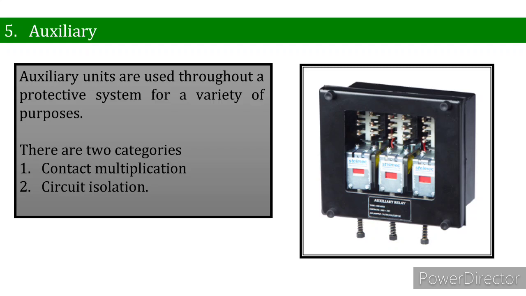For example, more outputs for multiple tripping, alarms, and operating other equipment such as recording and data acquisition. The second is contacts that will handle higher currents or voltage in the secondary systems. You can also say the trip and closing relays used with the circuit breakers are called auxiliary relays.